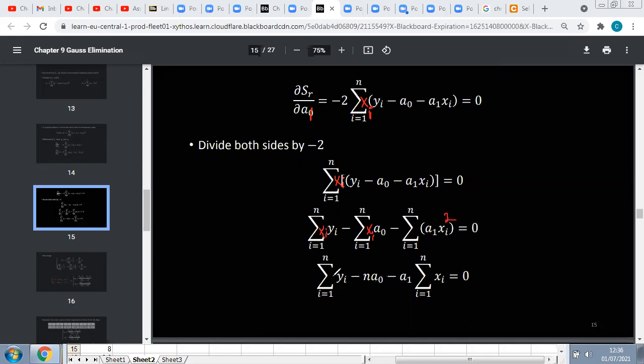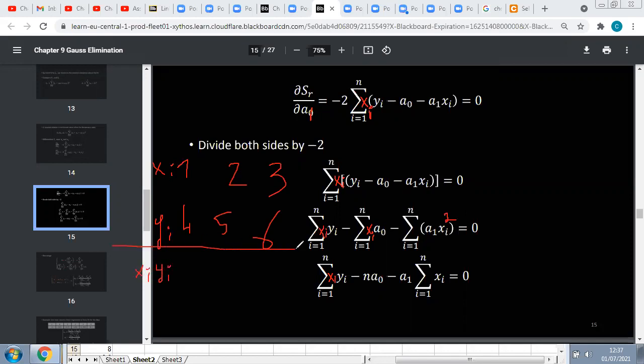Now for the first term, all I have to do is add a line to the table, since I have x and y. In the example I gave you, 1, 2, 3 and 4, 5, 6, this is xi and this is yi. I should add a line to compute xi times yi.